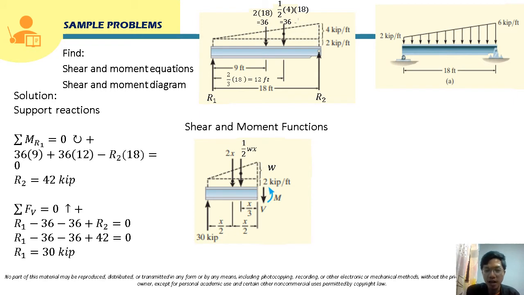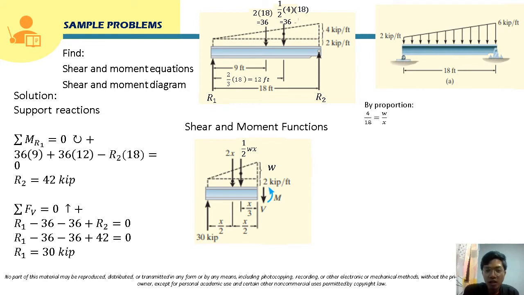Okay, so from here, class, we are going now to solve first for the value of W. For the value of W, we are going to use proportion here. We are going to use the proportion of this larger triangle and this smaller triangle. They are similar triangles, so therefore we can use proportion here. So the height of this smaller triangle over its base will be equal to the height of the larger triangle over its base.